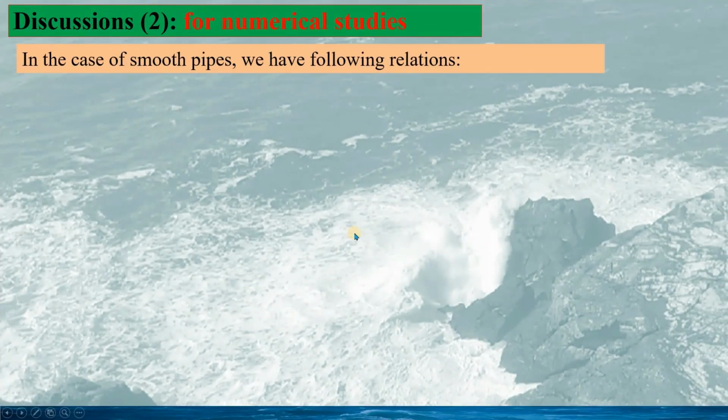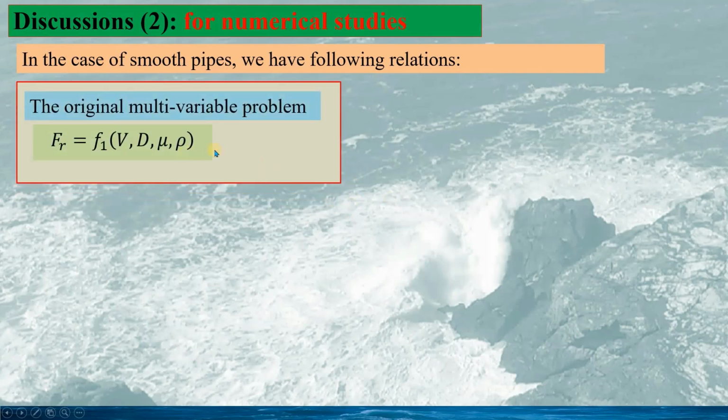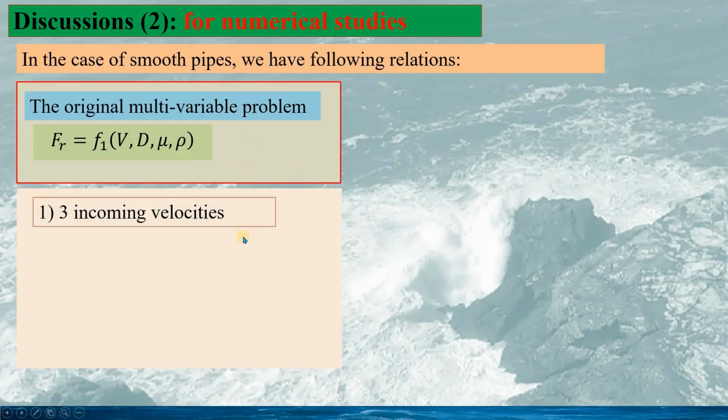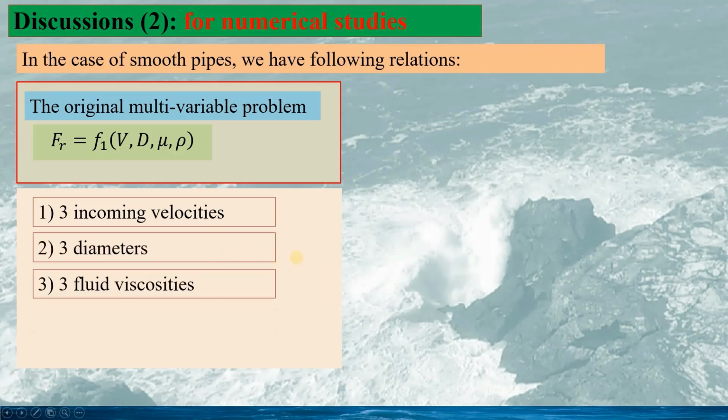The second discussion would be for data collection by numeric studies. So again, the original multiple variable problem is given by this, and we need to at least change 3 of the incoming velocities and 3 diameters of the pipe and 3 fluid viscosities and 3 fluid densities.